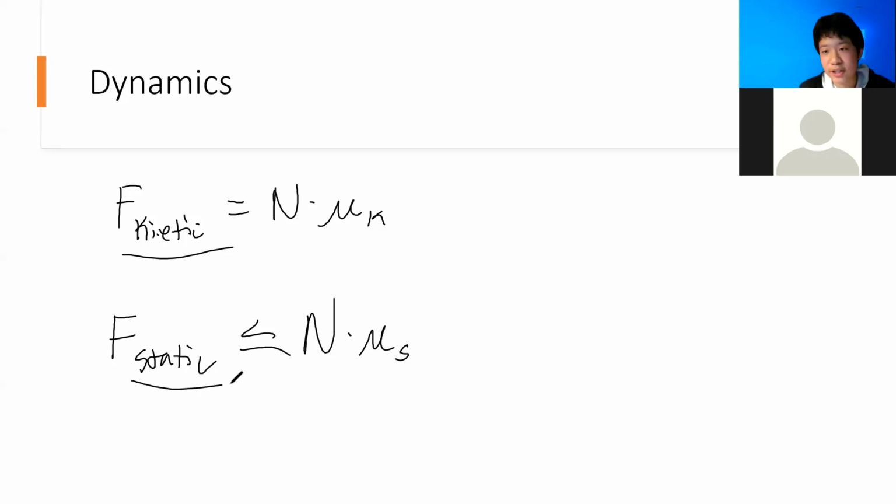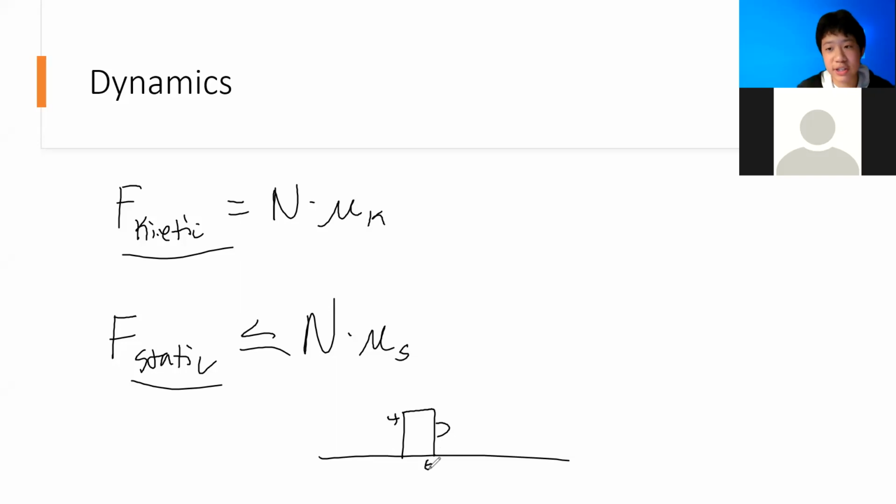Static friction is the friction that, if the object is at rest, is preventing the object from beginning to move. So if we have some kind of cup, for example, on a table, we all know that we have to exert some threshold of force before the cup will start to move, right? If we push the cup with just a teeny tiny force, it's not going to go anywhere. So what's resisting the cup from moving is static friction.